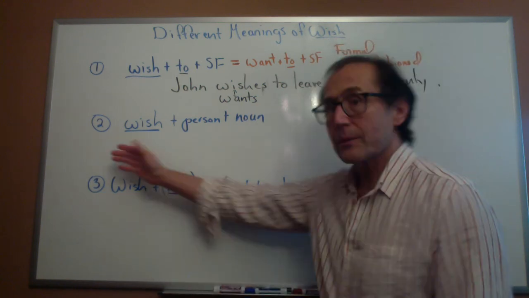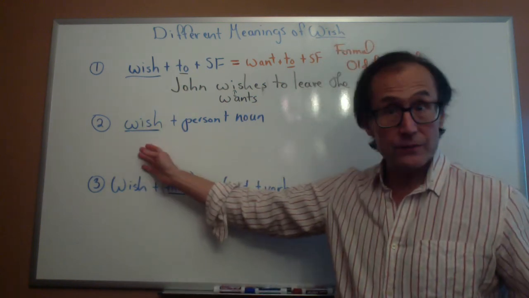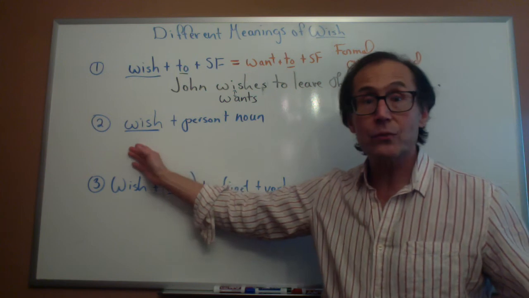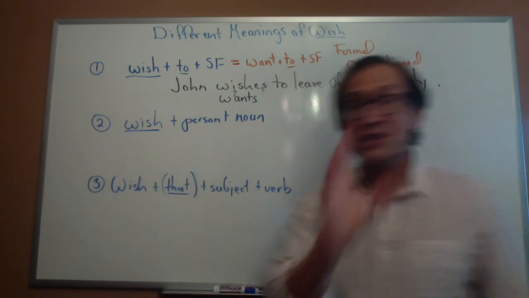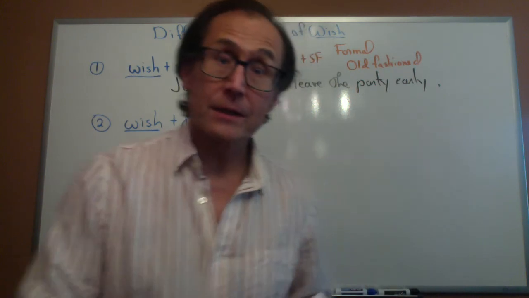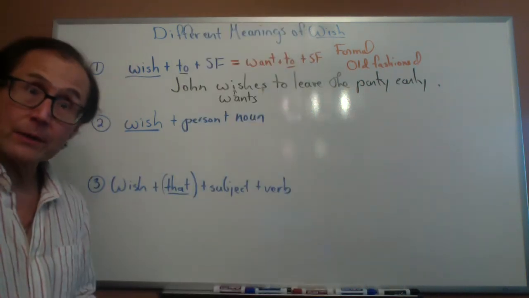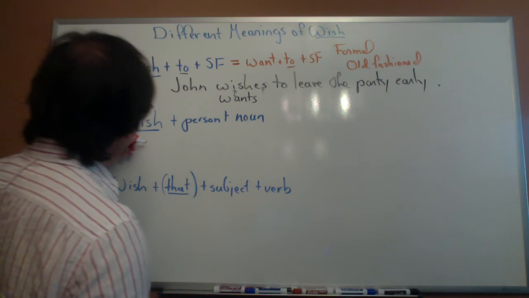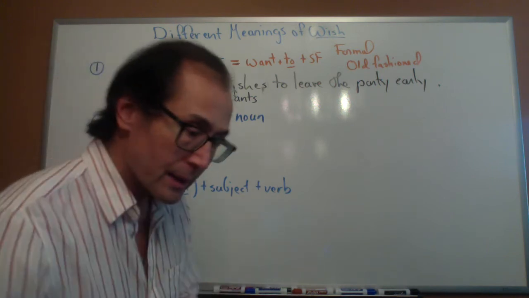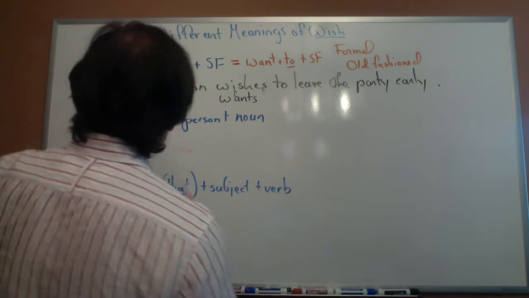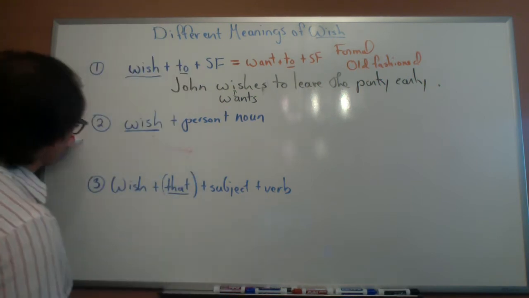the other time you'll commonly hear wish used as a verb is when you'll see something like wish and a person and a noun. The most common time you'll hear this is around Christmas time, when you'll hear people saying, we wish, let me realign this so that we have the words under the words here.